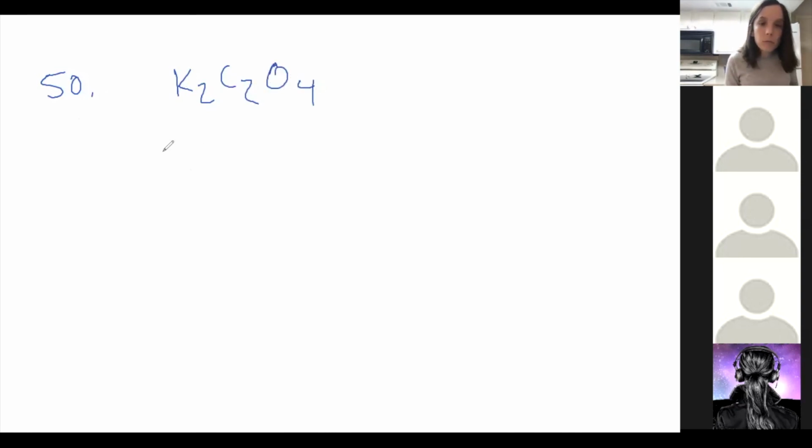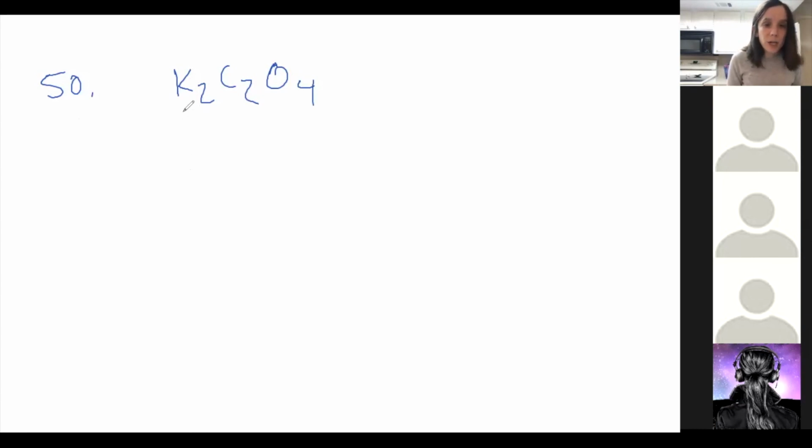All right, for number 50, let me just go through it with y'all because you can't see the answer in the back of the book for this one, just to make sure you got it right. It's asking how many moles of K, C, and O atoms are there in 1 mole of K2C2O4.